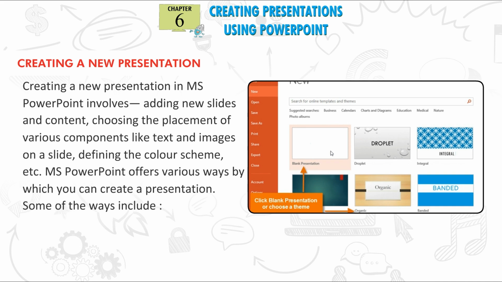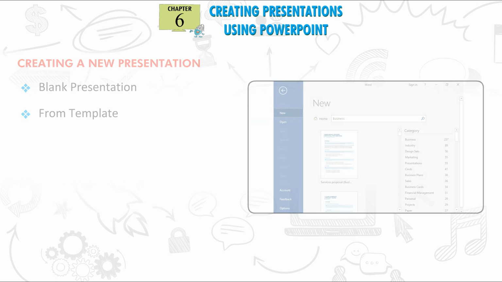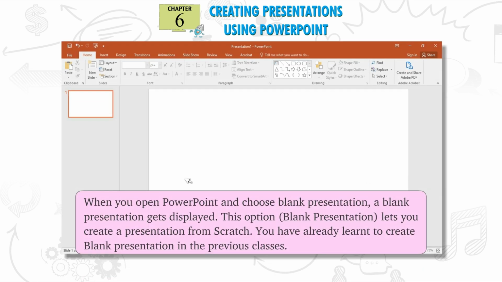Some of the ways include blank presentation and from template. Blank presentation. When you open PowerPoint and choose blank presentation, a blank presentation gets displayed. This option, blank presentation, lets you create a presentation from scratch.